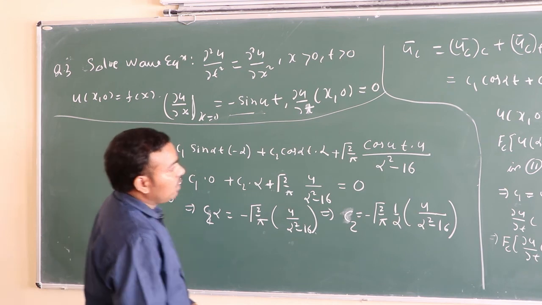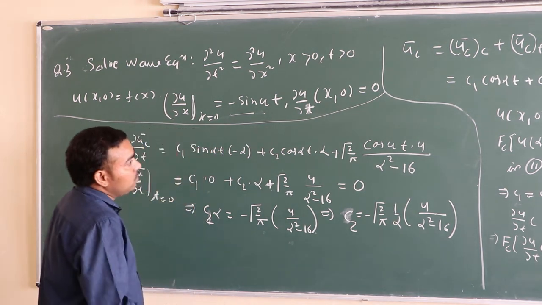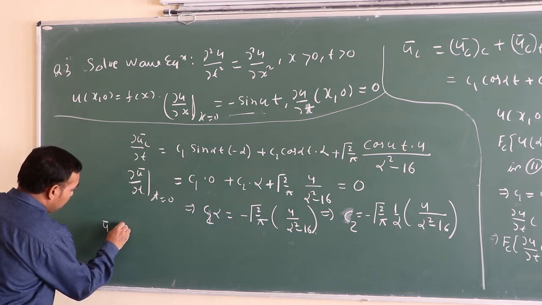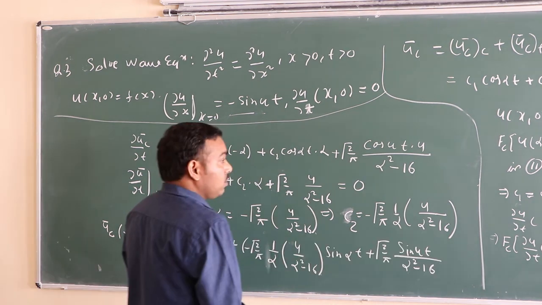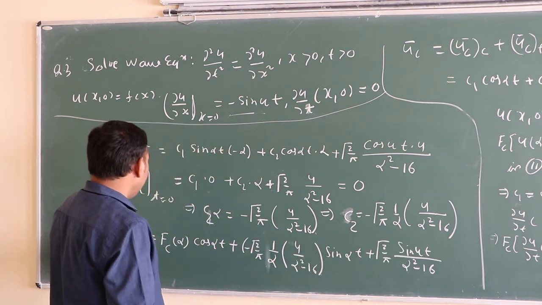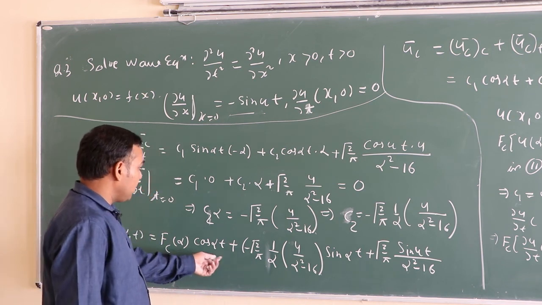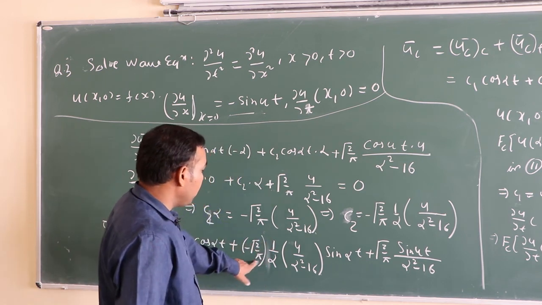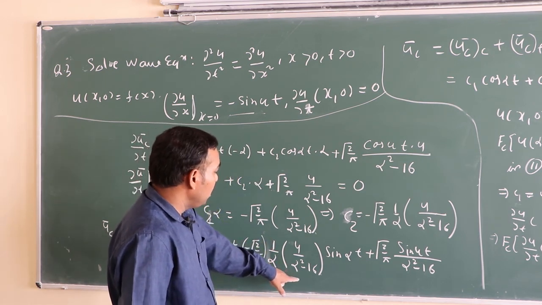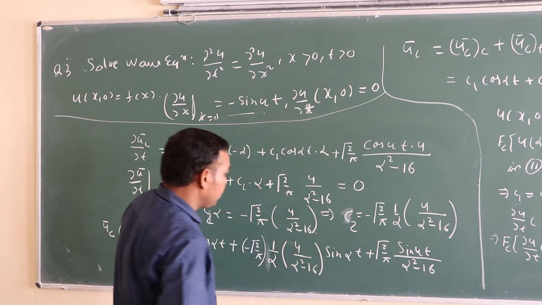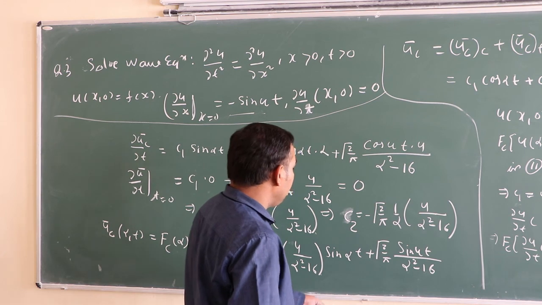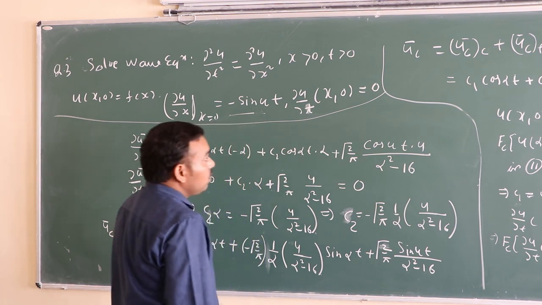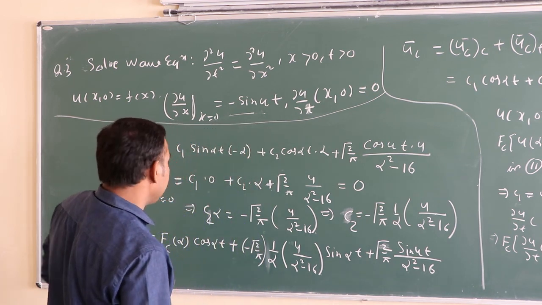Now after putting the values of c1 and c2 in equation 2, we finally get u_c bar of alpha, t equal to f_c alpha cos alpha t, minus under root 2 upon pi times 1 upon alpha times 4 upon alpha square minus 16 sin alpha t, plus under root 2 upon pi sin 4t upon alpha square minus 16.